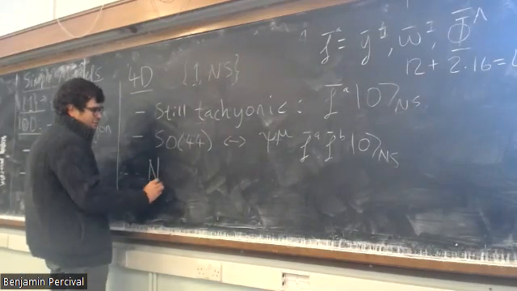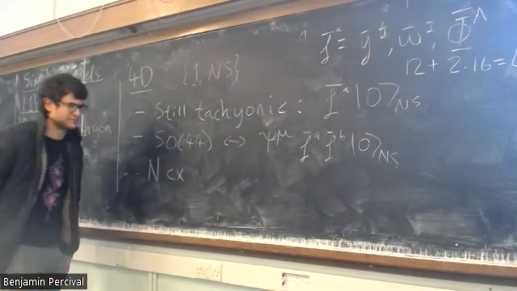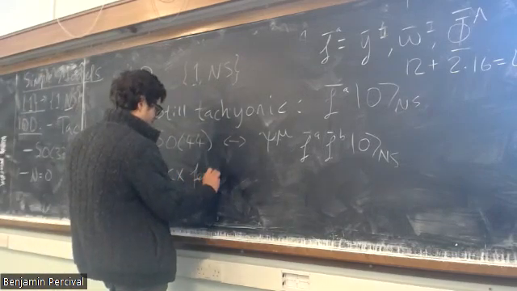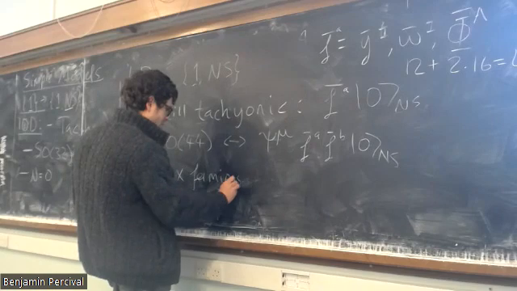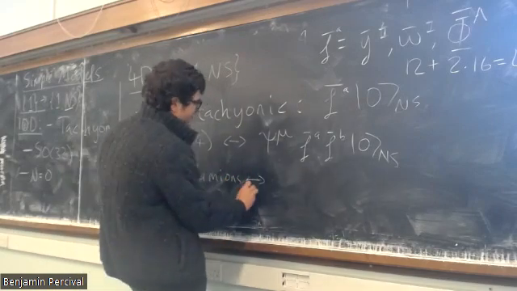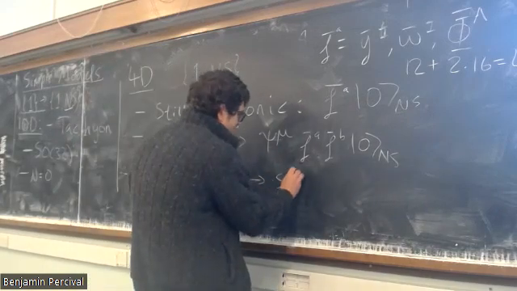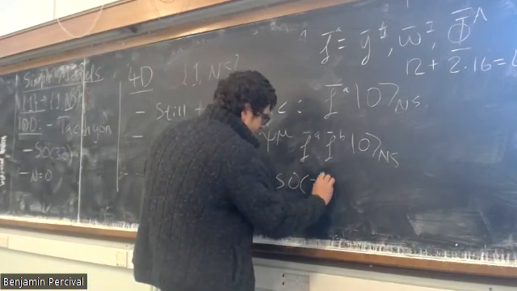N complex fermions with the same boundary condition in the basis vectors would give rise to gauge bosons like this, which would be the adjoint of SO2N.